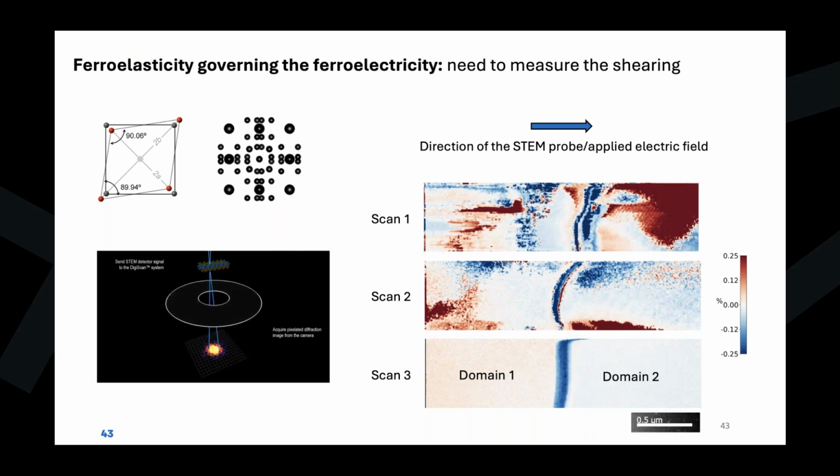What we could see already, which was very interesting, was that far away from even the wall, within the domains themselves, the strain was very much changing. And in addition to that, also the polarization, which I'll show you in a second. So it's really important for us to think about, at least in all the ferroelectric systems we've looked at, how we're scanning our probe when we're doing these in situ experiments. And even when we're not doing in situ experiments, when we didn't think we were moving something, in fact, we are changing things.